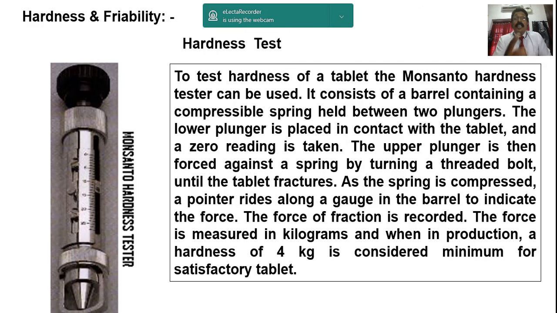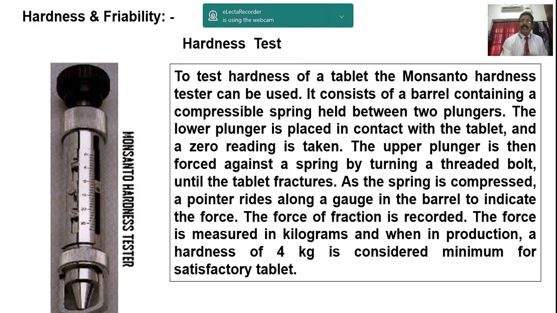To test the hardness of a tablet, the Monsanto hardness tester can be used. What is this Monsanto hardness tester? See the picture. There is a black knob and a long telescopic tube. Inside there is a punch and a stem which can be rotated by means of the top screw.